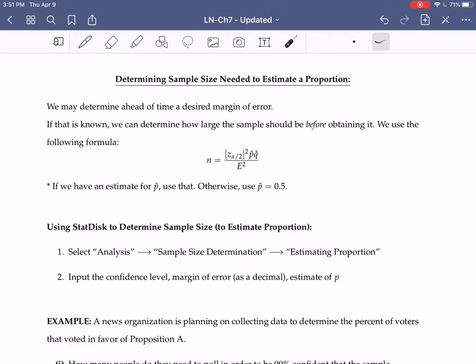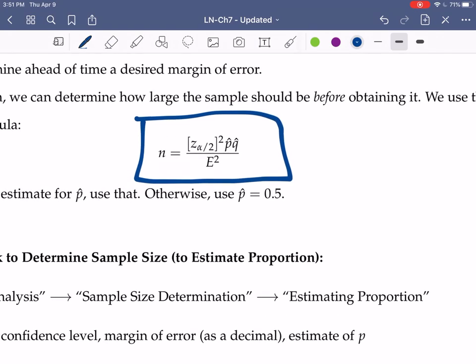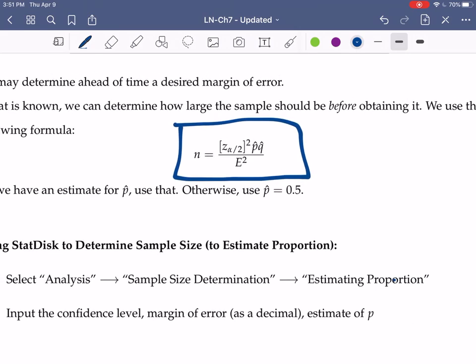Our formula is n equals the critical z value with an area of alpha over 2 to the right, squared, times p hat times q hat. Those are estimates for the proportion of the population that would believe something, and the complement, 1 minus p hat, is q hat.